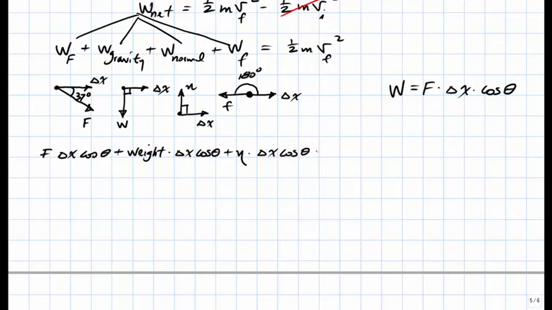And finally, the work done by friction equals the force of friction, which we refer to as lowercase f, times the displacement, times the cosine of the angle between the friction and the displacement. That sum on the left will equal 1/2 m v final squared, which we see right here on the right-hand side of the work-energy theorem.